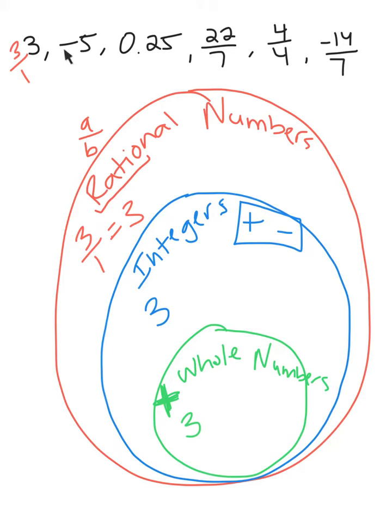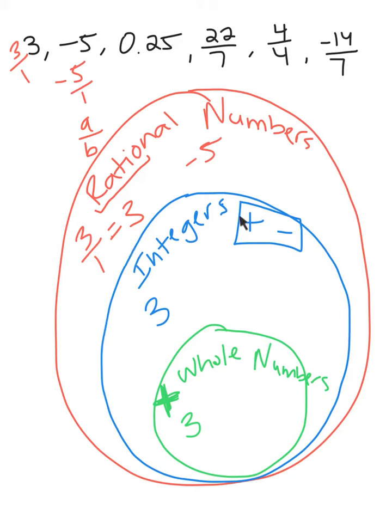Okay. Negative 5. I know that negative 5 can be written as negative 5 over 1. I have a ratio form right there. I know that it is a rational number. However, it does not have to be written in that form, which tells me that it's an integer.